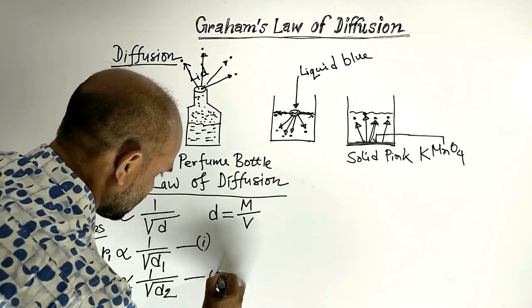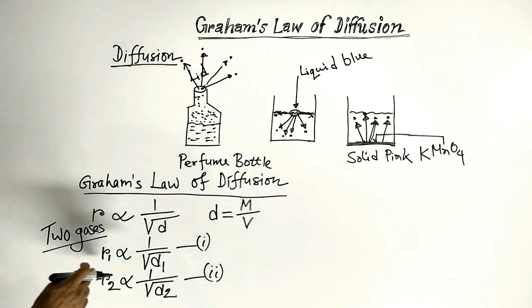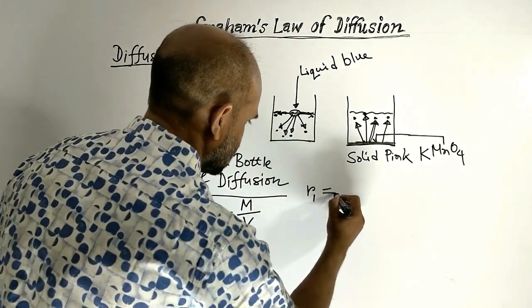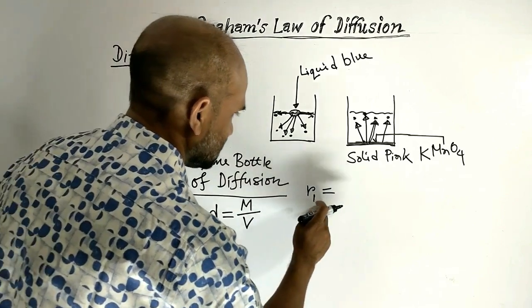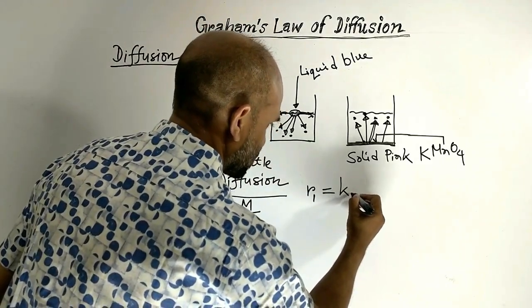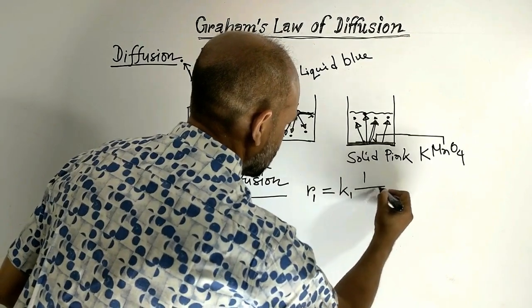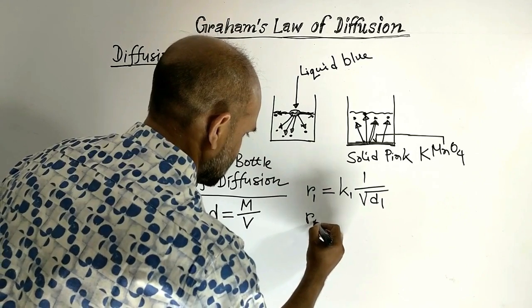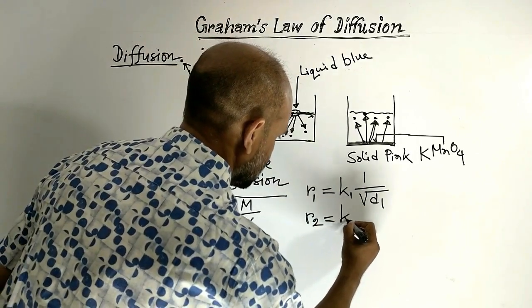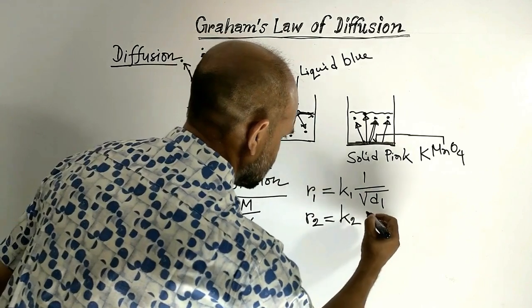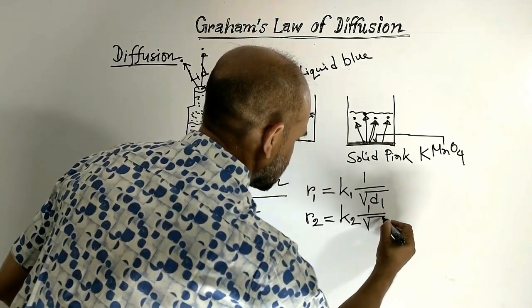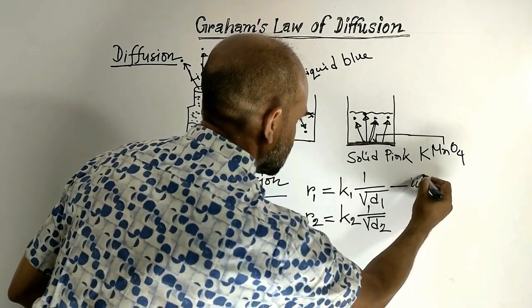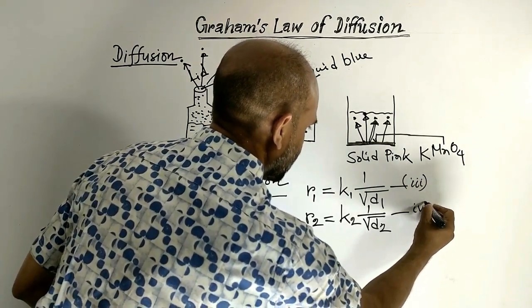This is equation number 2. Now, from equation 1 we can write rate of diffusion of the first gas is equal to proportionality constant times 1 by square root of its density. For the second gas, proportionality constant times 1 by square root of its density. Suppose this is equation number 3 and this is equation number 4.